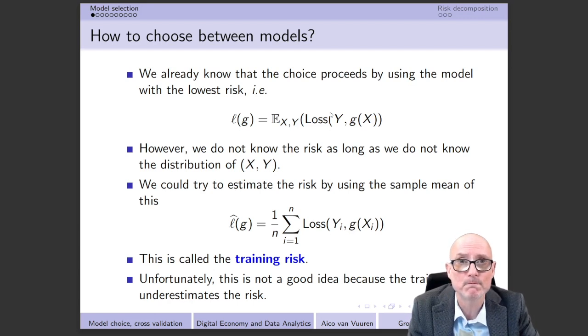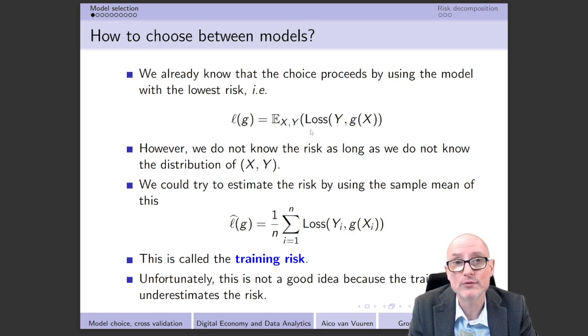The problem is quite practical, namely that we cannot calculate this risk. The reason is no longer that we don't know the loss function. We have already discussed in the previous video how to get a loss function. In the continuous case, which we discuss today, we look at the quadratic loss function.